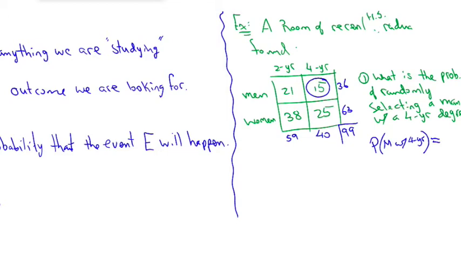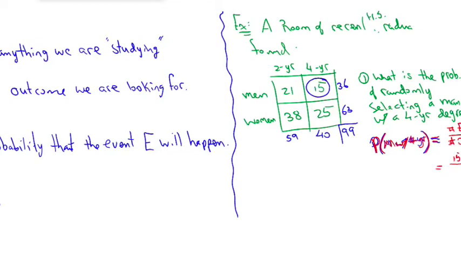The probability of a man with a 4-year degree is equal to the number of events divided by the number of outcomes. How many events are we talking about? 15. How many outcomes? In other words, as I randomly select that name out of the hat, how many were in there to begin with? 99.